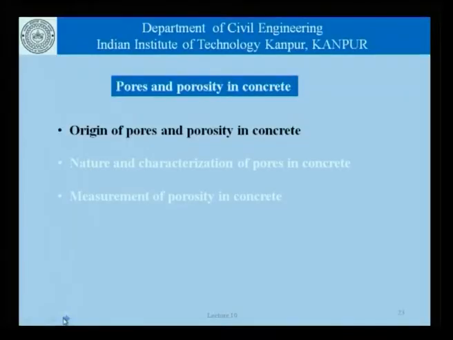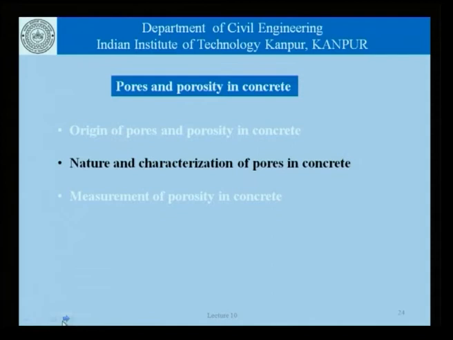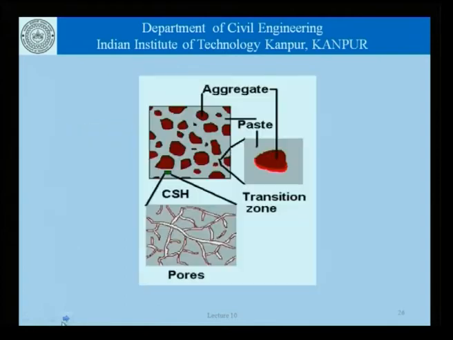Now, having done this discussion on the origin of pores and porosity in concrete, let us try to understand a little bit about the nature and characterization of pores in this material. This is a picture that we have seen before and is nothing but an idealization or a schematic representation of the piece of concrete that I actually showed you.